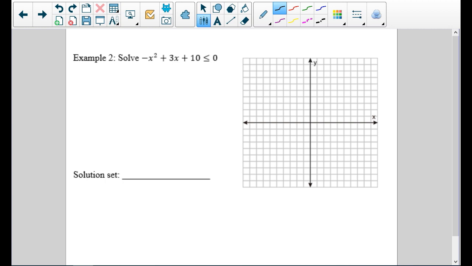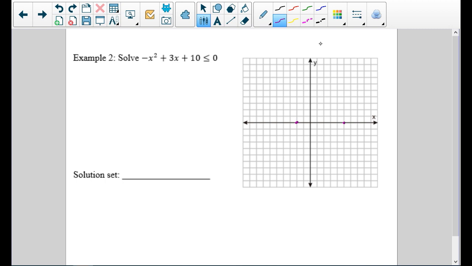So again, the big ones, the x-intercepts here, negative 2 and 5. The vertex here was at 1.5, 12.25.